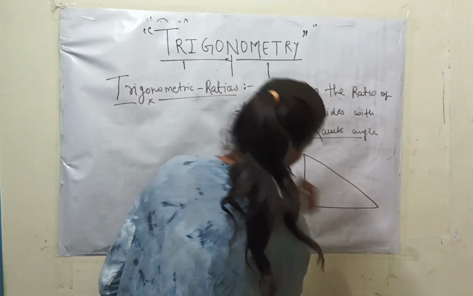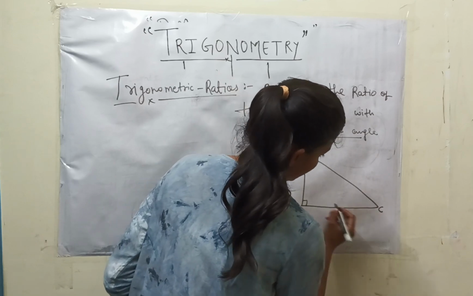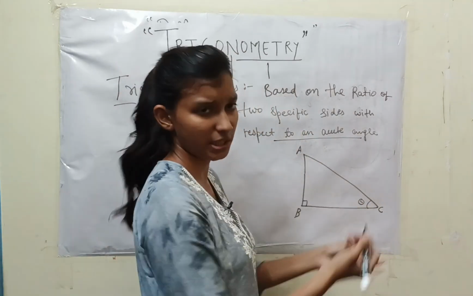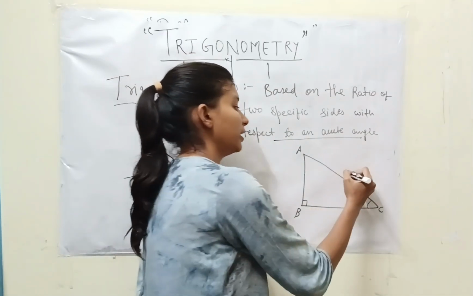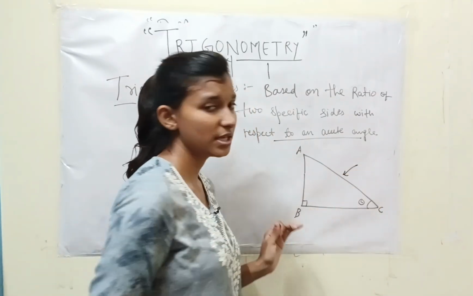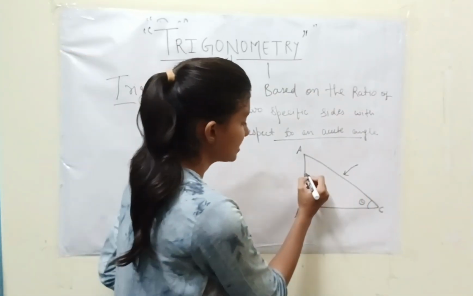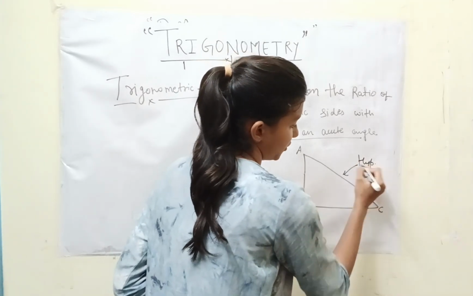Let a right angle triangle ABC and one acute angle, suppose theta. Now, according to previous knowledge, we name the biggest side as hypotenuse. This is called hypotenuse.